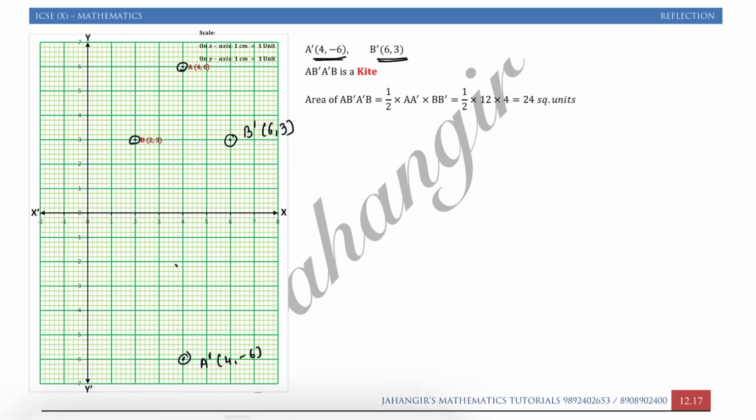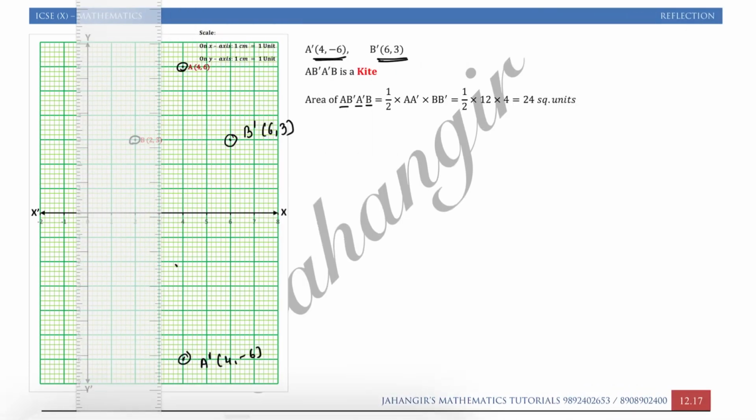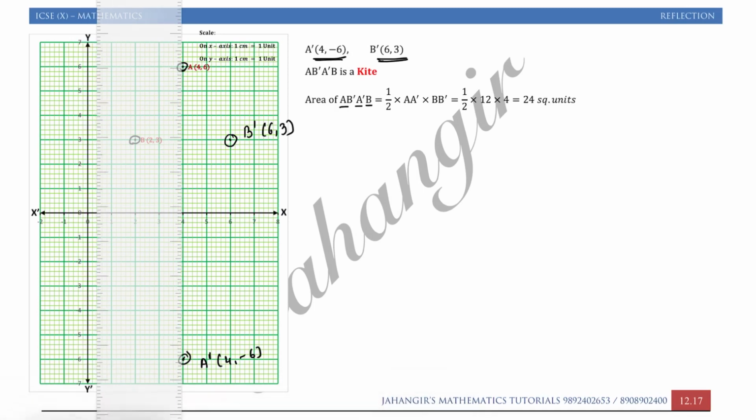Now we have to name the geometrical figure A, B', A', B. So we will join in that sequence. This is my line of symmetry.